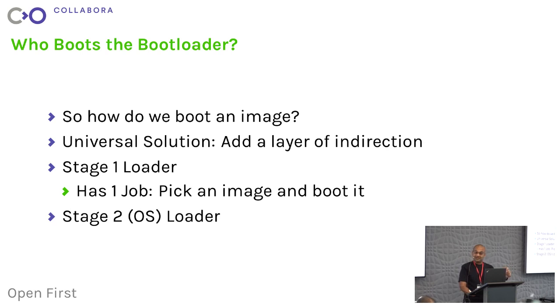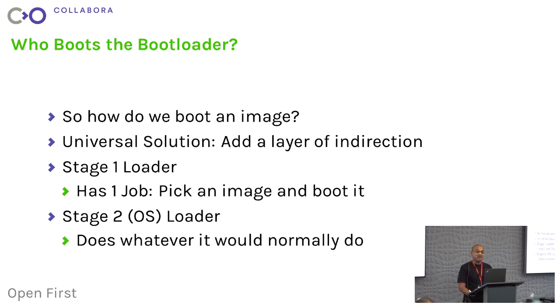Stage 2, the operating system loader, is pretty much what you'd find in any generic operating system. It does whatever it would normally do, and it really doesn't know anything about there being another slot or that another bootloader handed over to it. So it allows you to develop your operating system as you normally would, but then put it into this environment where you have this failback, which I think is quite nice for the end user.